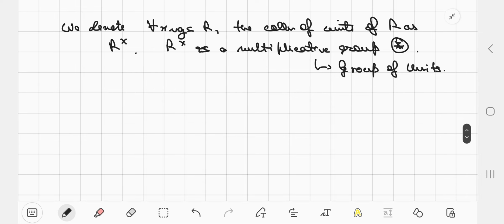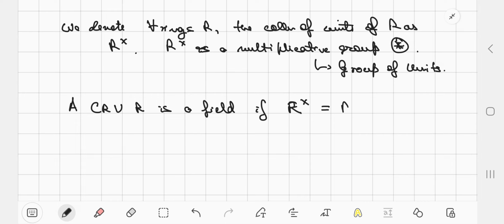Now, can you follow some definition of a field with respect to this group of units? This is pretty immediate: a commutative ring with unity R is a field if the group of units of R is the whole collection of R except 0, right?